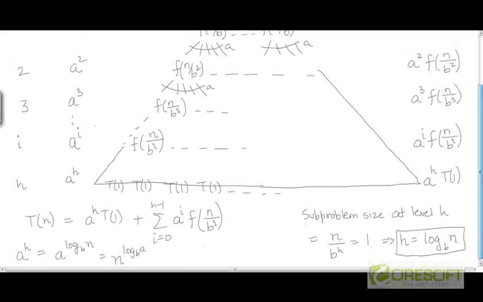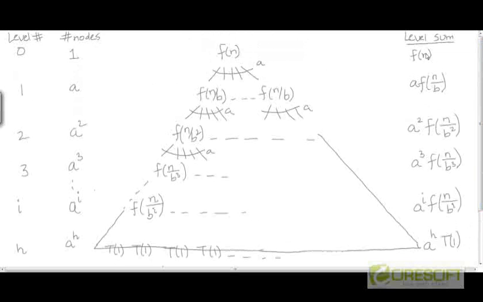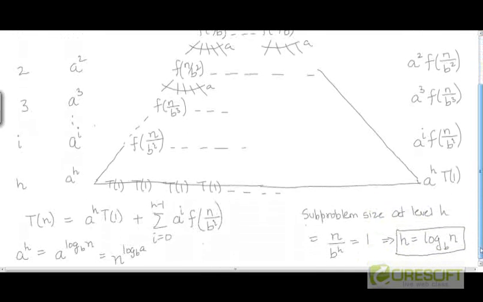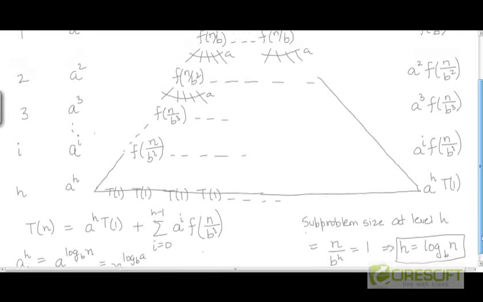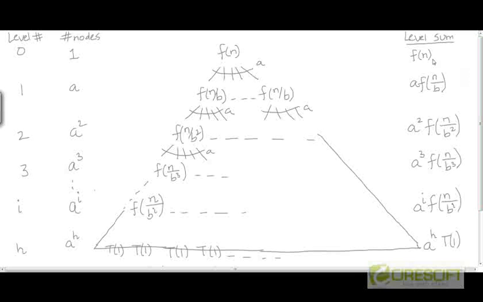So when these terms form a decreasing geometric series, you can expect that n to the power log of a base b is going to correspond to a smaller rate of growth than f of n, right? Because when this is a decreasing geometric series, it's f of n that's determining the overall asymptotic complexity.